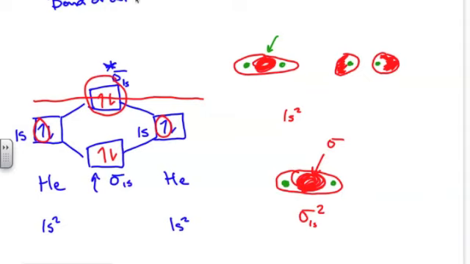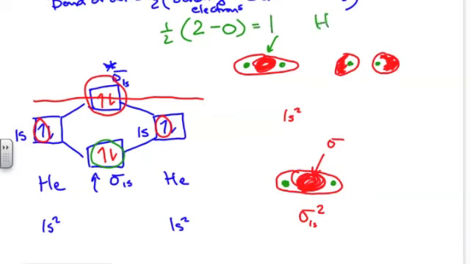So bond order always equals 1/2 bonding electrons minus anti-bonding electrons. Hydrogen, as you recall, had 2 electrons in this bonding orbital and no electrons in the anti-bonding orbital. If we multiply that by 1/2, the bond order is 1. And hydrogen has that single bond.